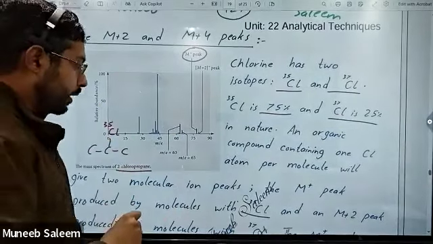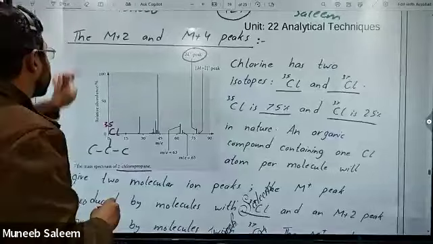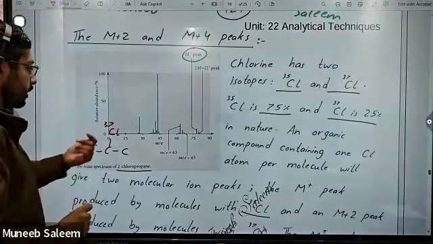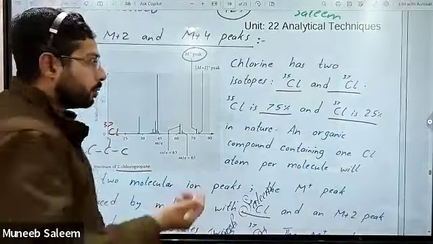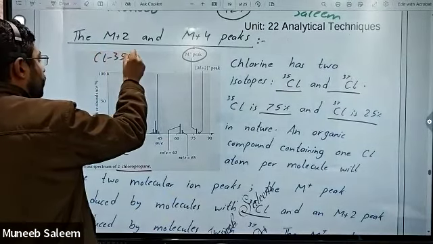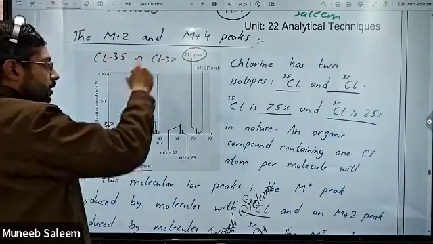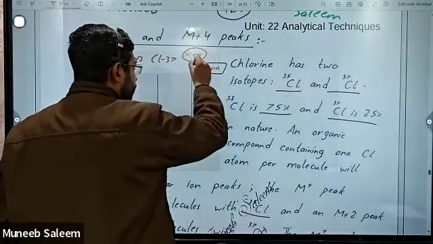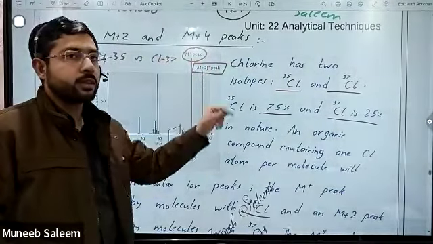But if we do not have chlorine 35, instead we have an isotope of chlorine 37, then this time the value will be increased by a unit of 2, because chlorine 35 and chlorine 37 have a difference of 2. So that increased value of 2 will give a peak at the M plus 2 cation peak.